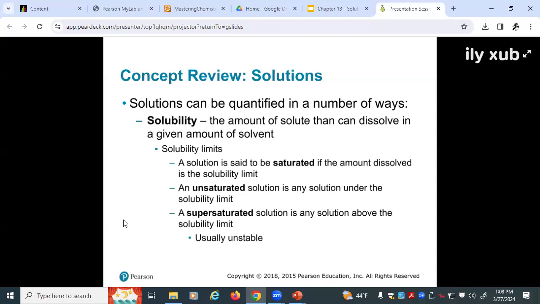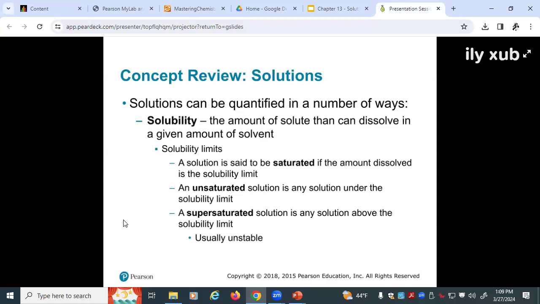Now, the term solubility generally refers to how much of a given solute can I cram into a certain amount of solvent. Usually the benchmark is 100 grams. If I have 100 grams of water, how much sodium chloride can I get to dissolve in that 100 grams? That would be considered the solubility limit of sodium chloride in that water.